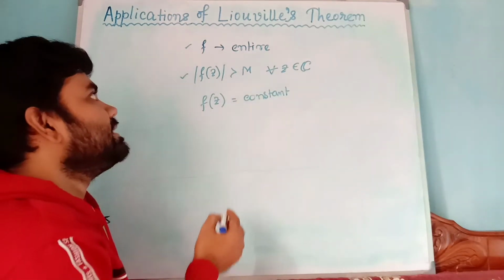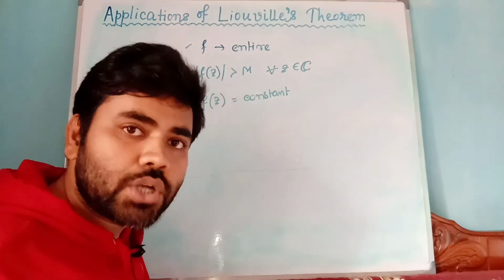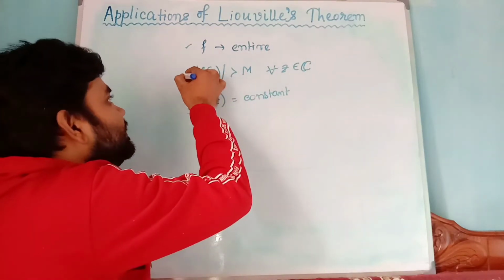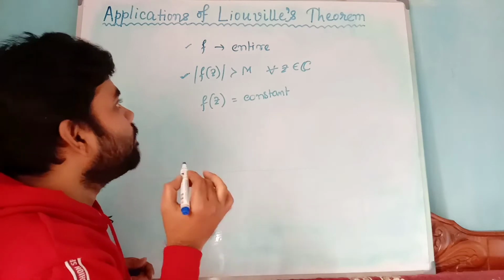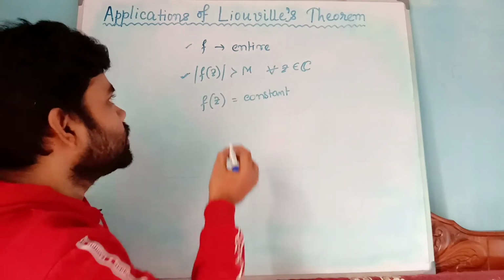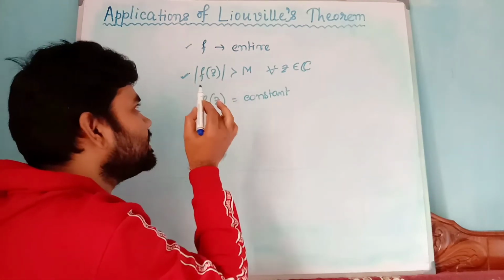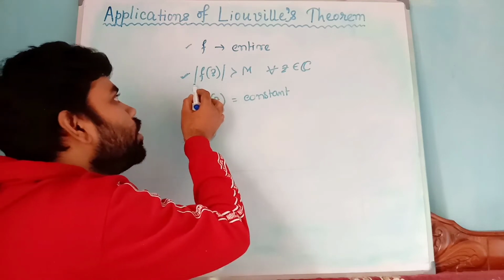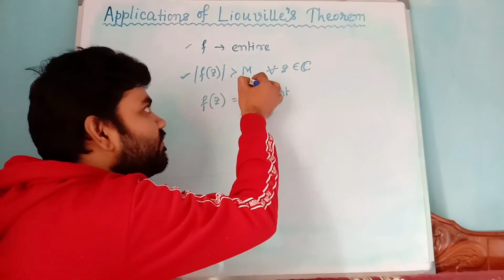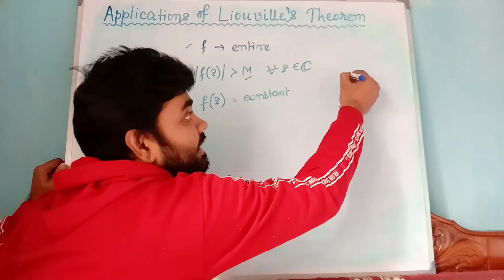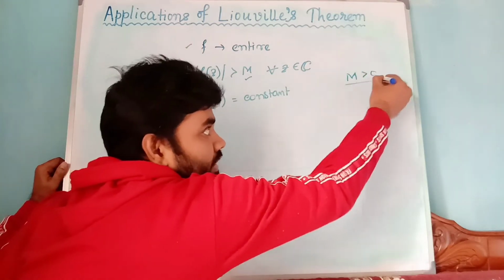So in this case, the boundedness of the function is not required. Only this criterion is replacing the boundedness condition of Liouville's theorem. So the modulus of f(z) should be greater than a finite real number capital M, and M should be greater than 0 obviously.